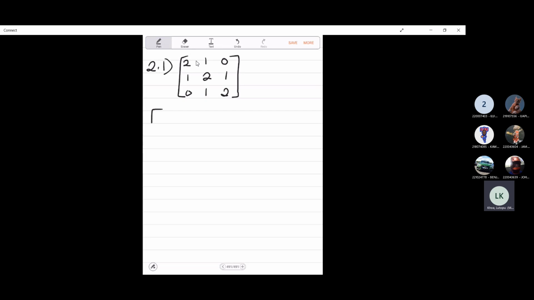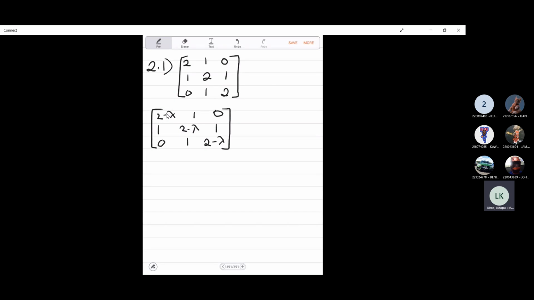So this will give us 2 minus lambda, 1, 0, then 1, 2 minus lambda, 1, 0, 1, and then 2 minus lambda. Okay, then we need the determinant of this matrix and then equate it to 0.